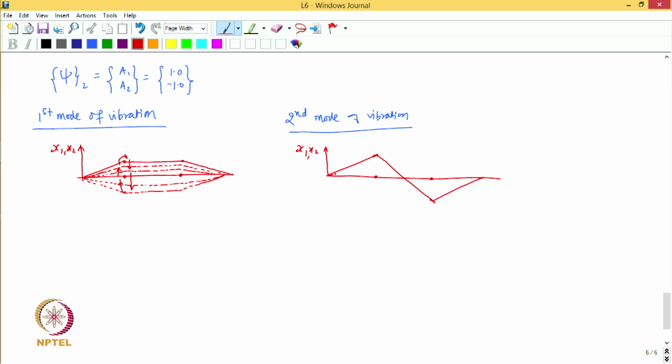When the oscillation progresses in this mode, the two masses try to come closer to the mean position like this, and then they go to the other side, and then they reach the extreme position on the other side. Right. So, this is nothing but the motion in the second mode of vibration.